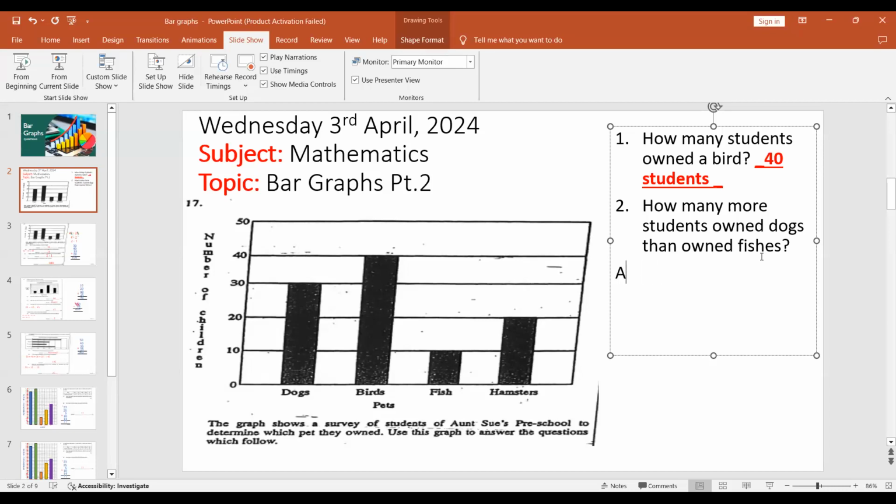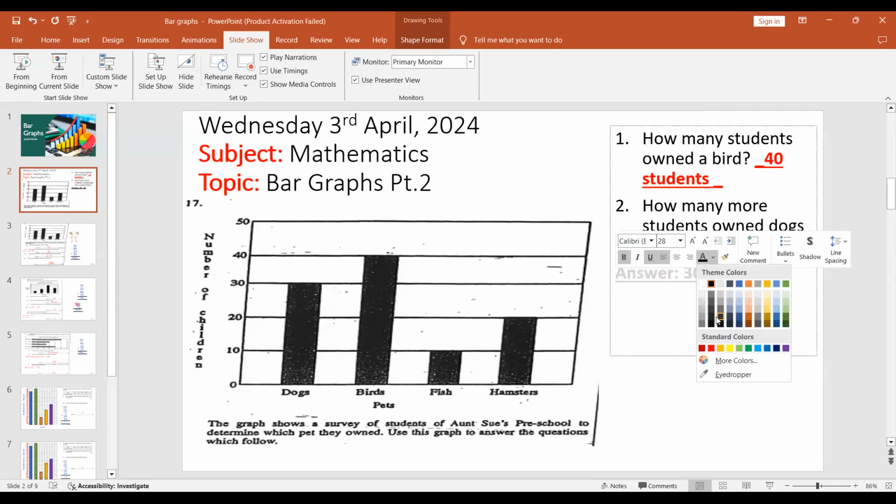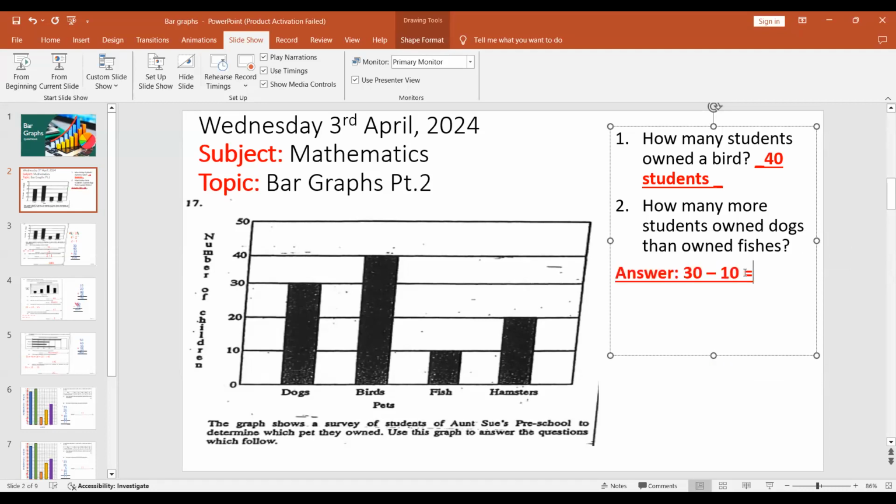So the answer, let's write this down. 30 students own the dogs. And for the fishes, it's 10. And so 30 minus 10 is 20. So the answer is going to be 20 students.